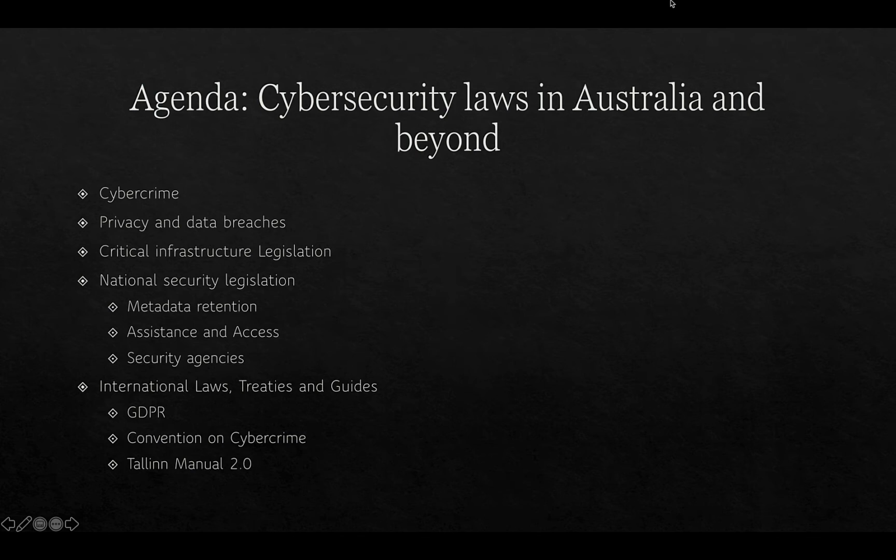And then international laws which govern Australia from an international perspective, and treaties and guides include things like the GDPR, the General Data Protection Regulation from the EU, the Convention on Cybercrime, and the Tallinn Manual 2.0, which covers an international treaty or agreement on cyber war.